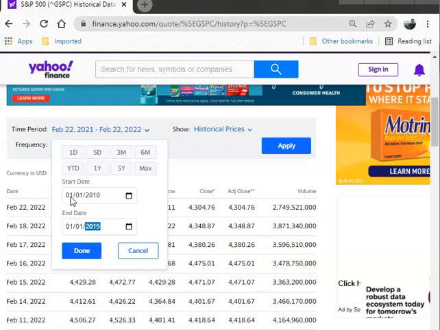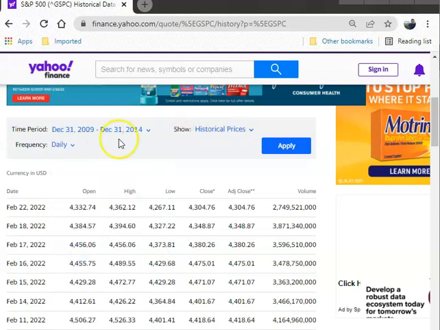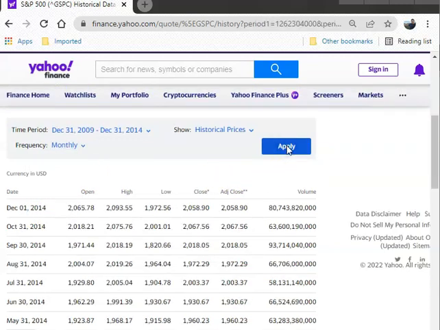You're expected to change dates based on the question. The question can ask for different dates: 5 years, 4 years, 3 years, 2 years, 6 months. It could be daily, weekly, or monthly. Whatever we give you, just adjust it here. We know that we're working with monthly data. And that's it. Just click apply.